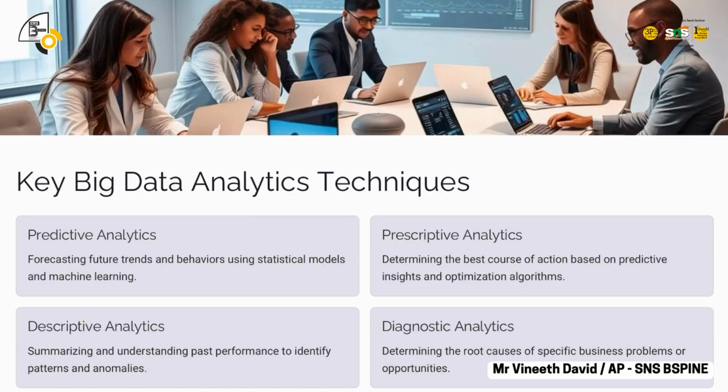For example, businesses might analyze sales data from the past year to identify peak sales periods and customer preferences. Predictive analytics employs statistical algorithms and machine learning techniques to forecast future outcomes based on historical data.